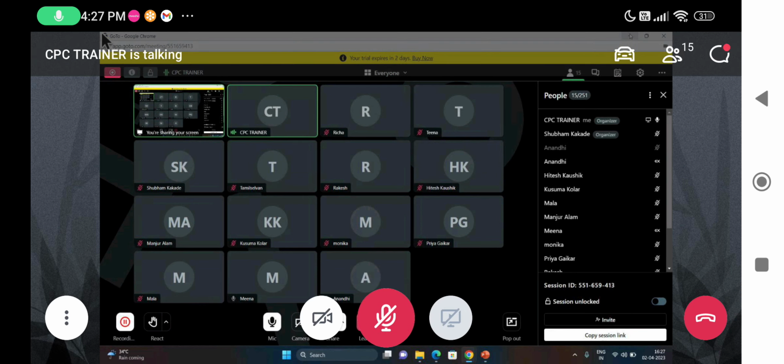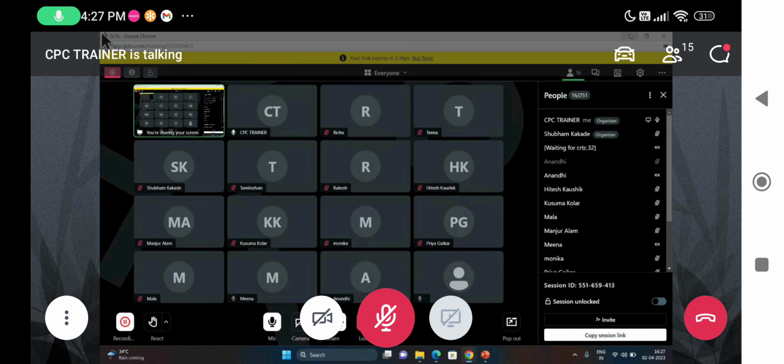And one more thing, in E/M we use one modifier. The modifier is called 25, guys. This modifier is very important. When do we use this modifier?